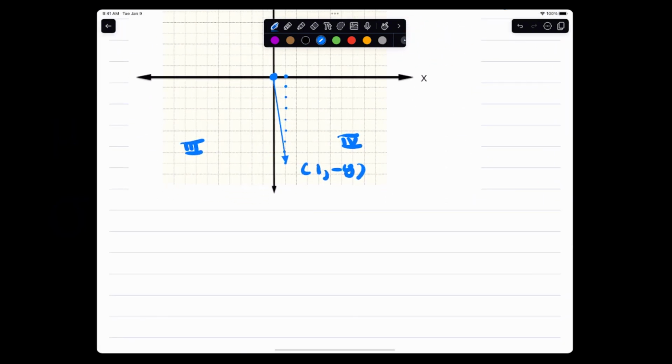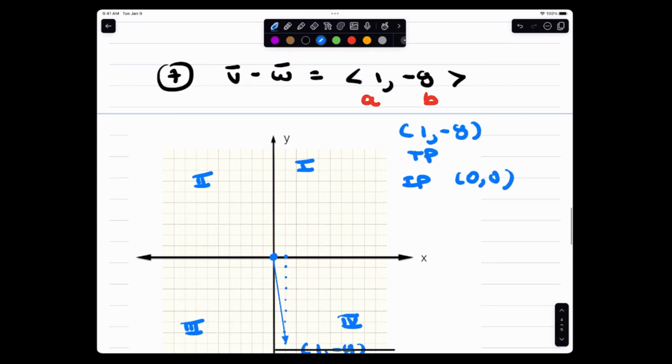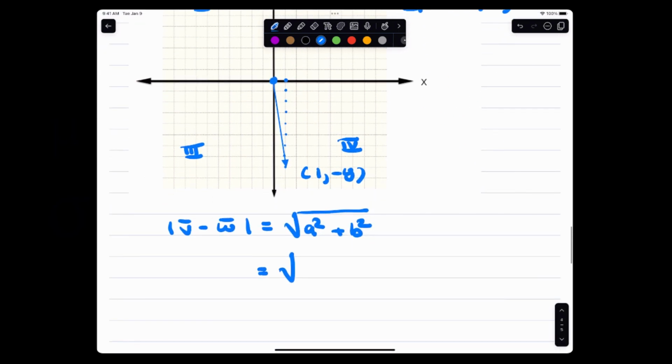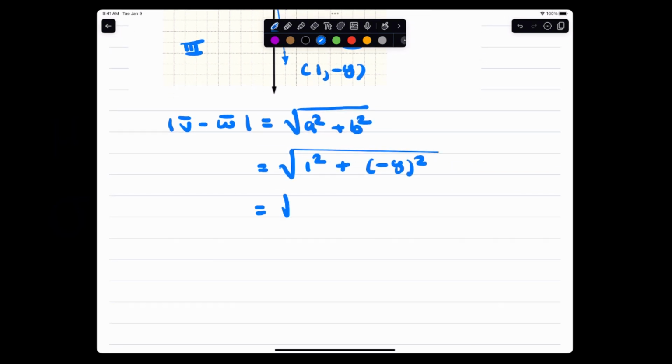Now let's get the magnitude, okay? So the magnitude of these vectors, again, will be the square root of what? A squared plus B squared. That's really Pythagorean theorem. Is that true? So what's your A value? Is it 1? What's the B value? Negative 8? One squared is 1. Negative 8 squared is 64. This is the square root of 65, ladies and gentlemen.